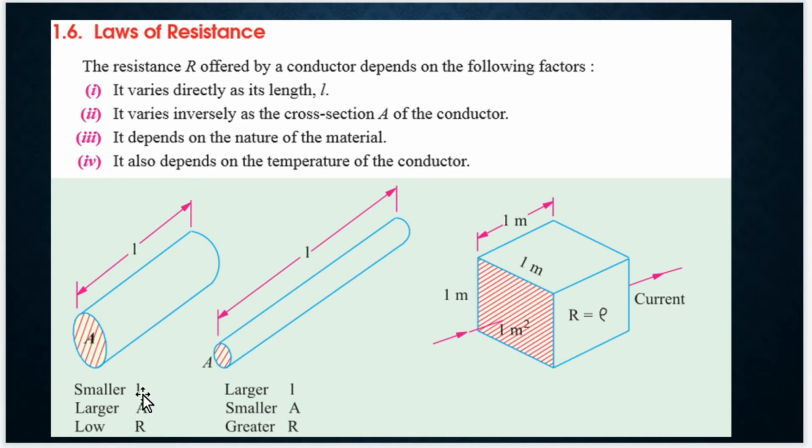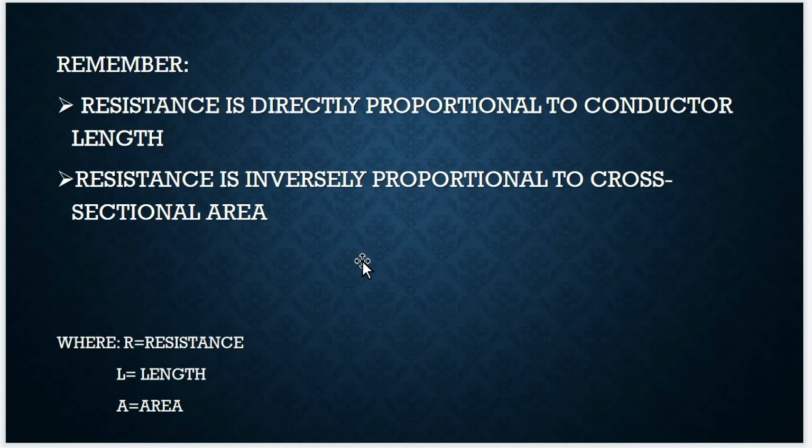With smaller length and larger area, you end up with lower resistance. With larger length and smaller area, you have a greater resistance. Remember, resistance is directly proportional to conductor length, and inversely proportional to the cross-sectional area.